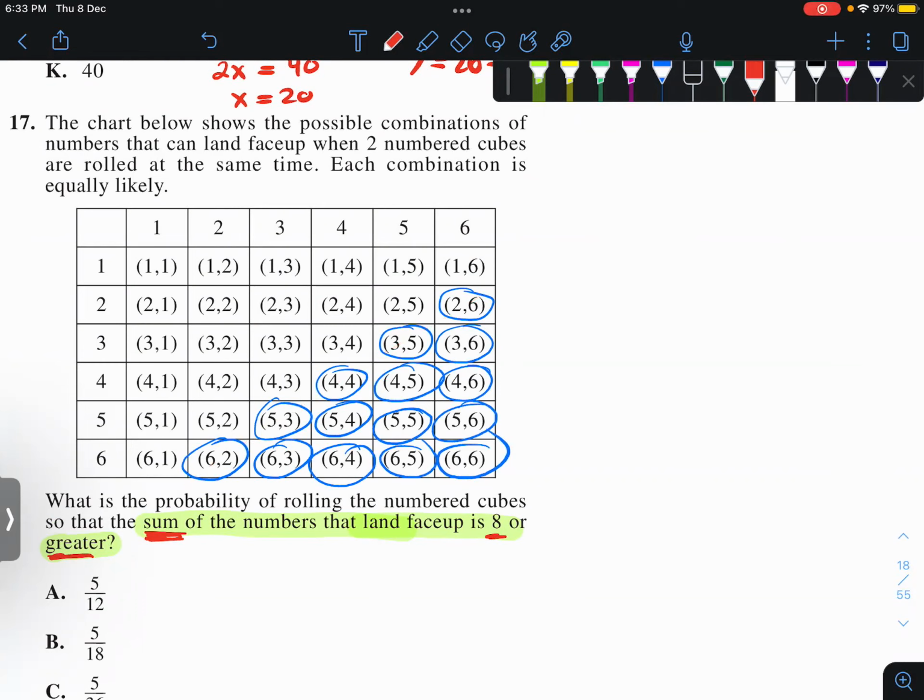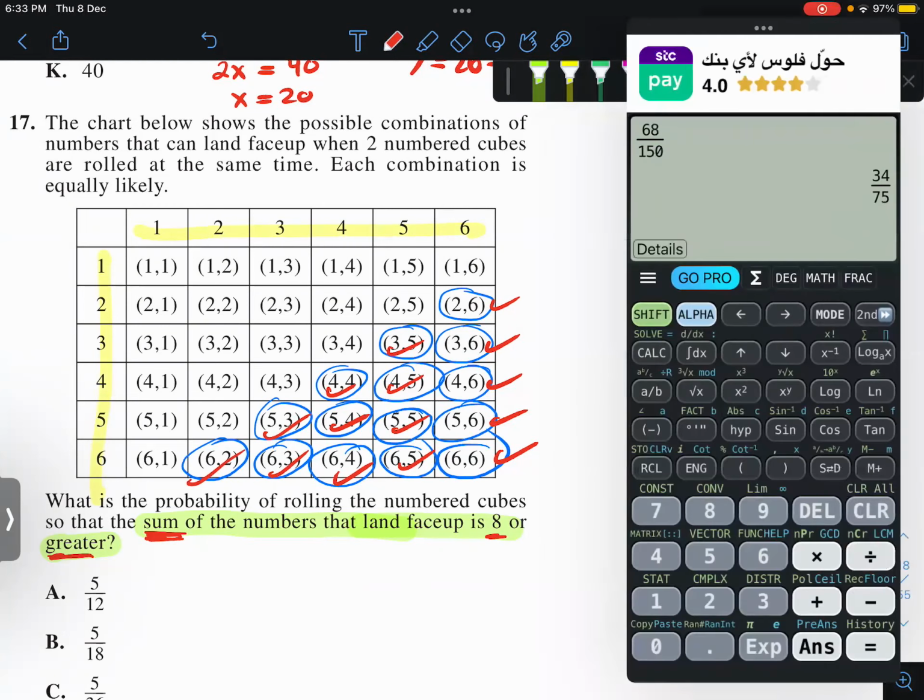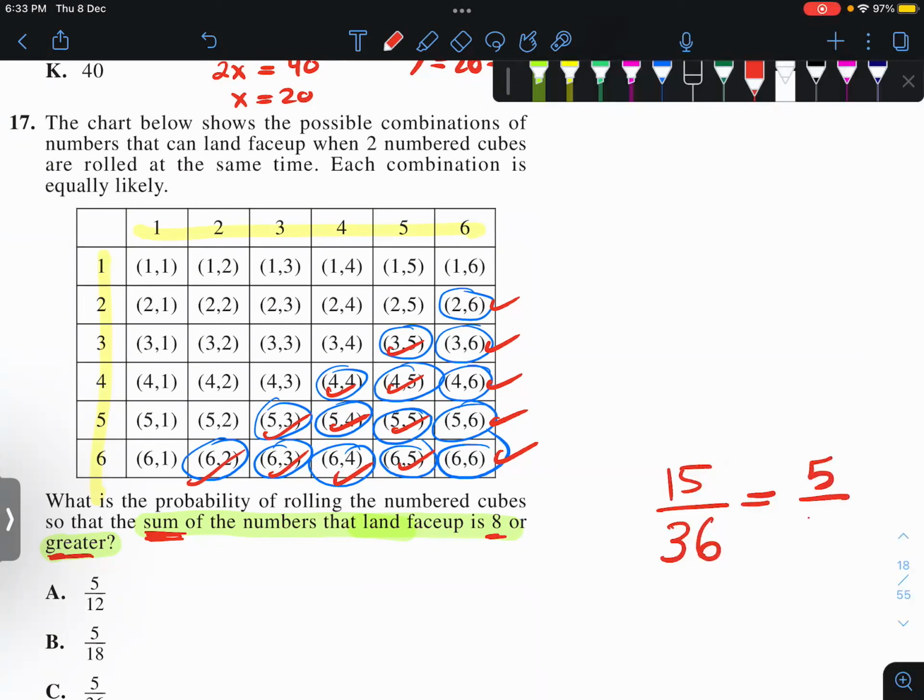How many? 1, 2, 3, 4, 5, 6, 7, 8, 9, 10, 11, 12, 13, 14, 15. So the probability is 15 over, in all, how many? 36. Why 36? 6 times 6 directly gives 36. So it's 15 over 36. Dividing by 3 gives 5 over 12. So the answer is A for question 17.